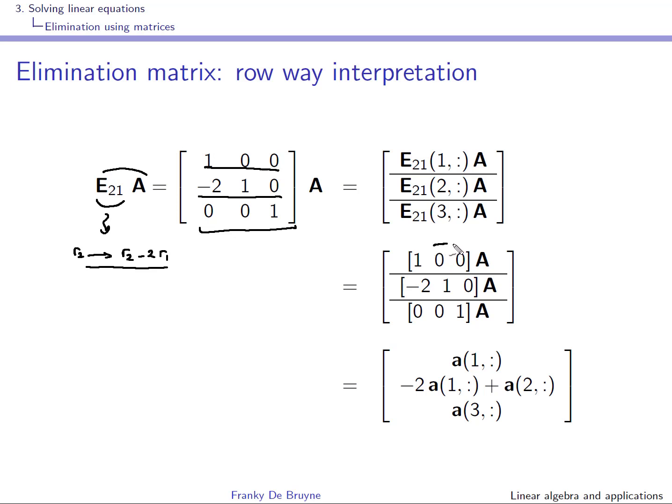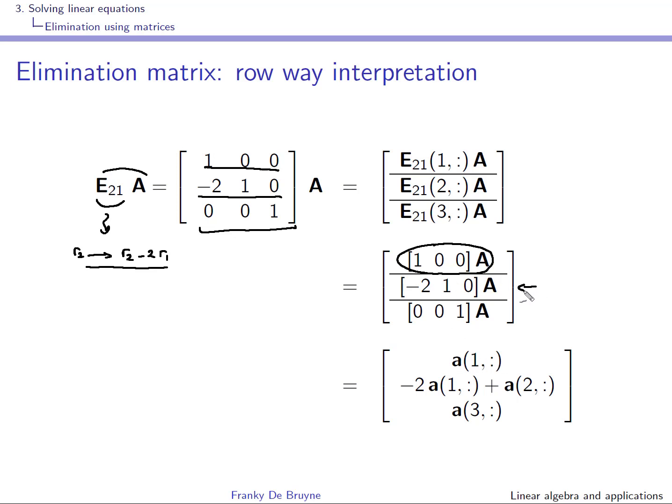And we had seen that this can be seen as a linear combination of the rows of A using these coefficients. So this is saying 1 times the first row plus 0 times the second row plus 0 times the third row. So using this elimination matrix E21, you leave the first row untouched.